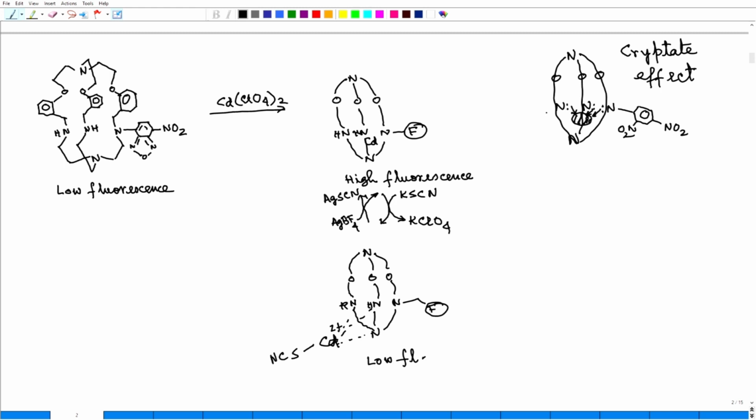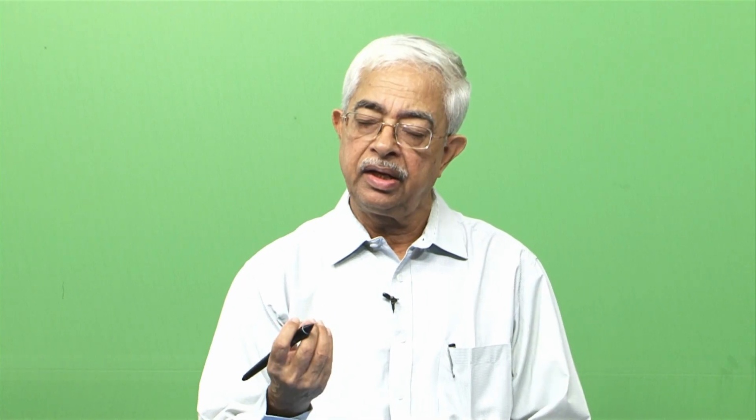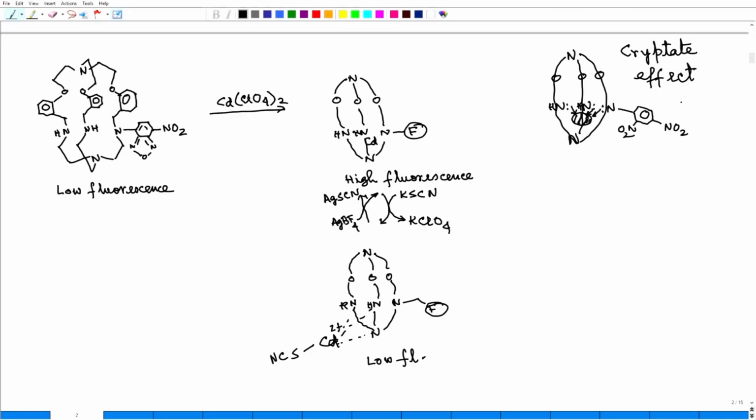If we substitute all 3 NH by this 2,4-dinitrobenzene moiety, then we find that this cryptand has lost its metal binding ability. So we played with that and eventually found that when we have mono substituted, then metal can bind from outside. We have an X-ray structure to prove it.